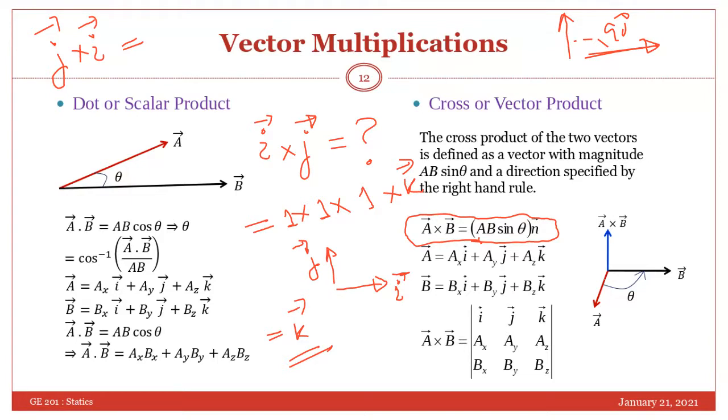That is the minus z direction. So the unit vector will be minus k in that direction. The answer here will be 1 into 1 into sine 90, that is also 1, into minus k. So the answer will be minus k. When you take j cross I, j cross I and I cross j are equal in magnitude, but in direction they are opposite, because one is equal to k and the other is equal to minus k.